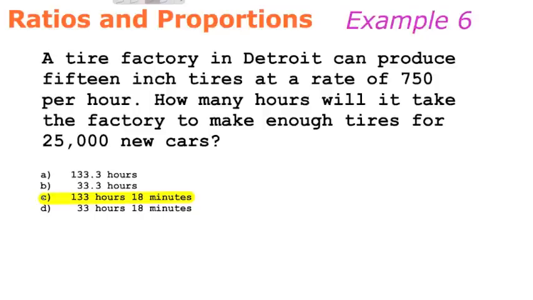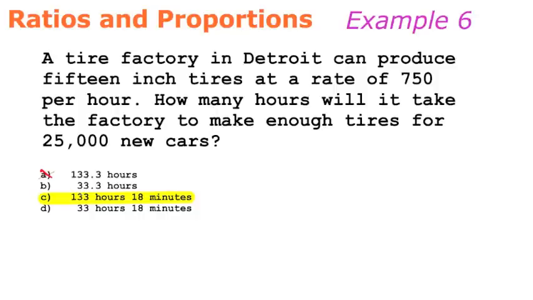The correct answer is C. That correct answer is the best choice of C and D because it's the right answer. Out of A and C, you can see they're very similar. They both have 133 in them. It's the best choice there because it's expressed in hours and minutes. It's more accurate, more understandable than choice A. So that's how we can eliminate A.